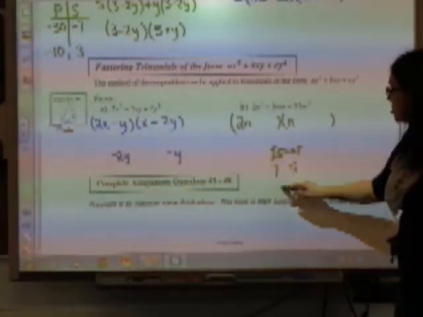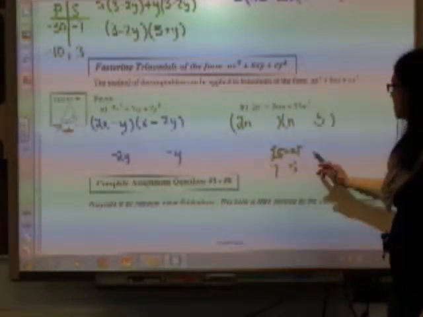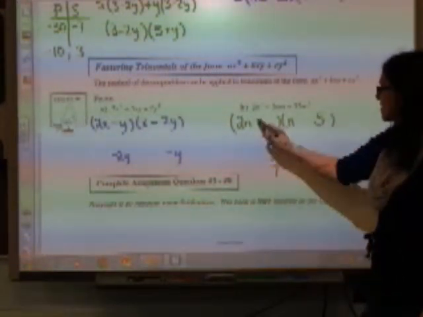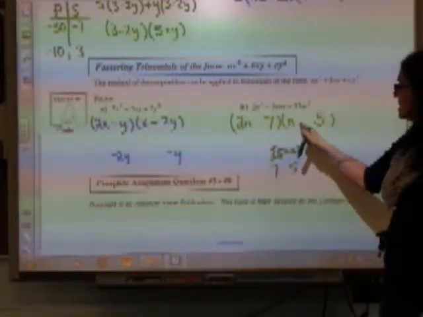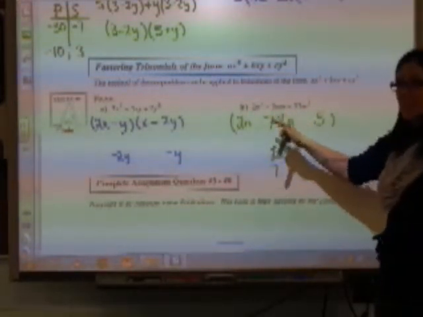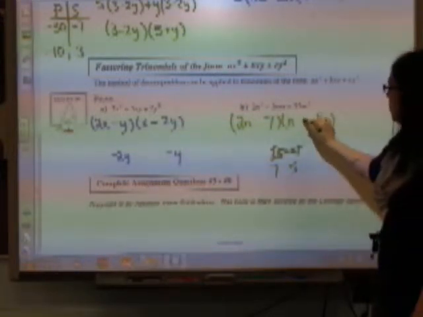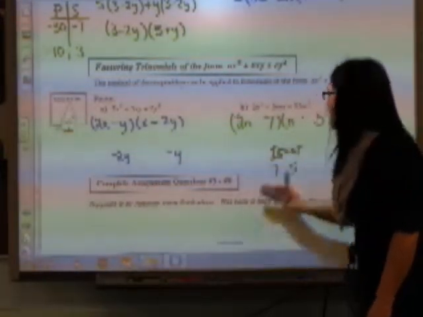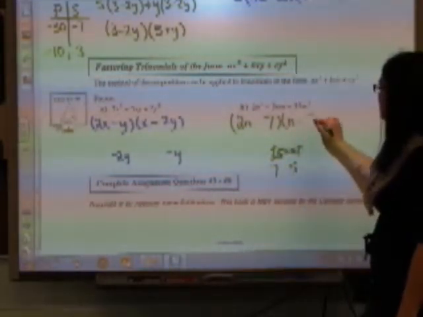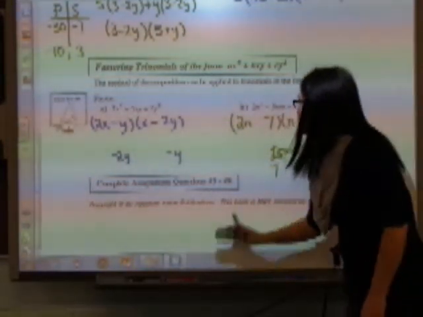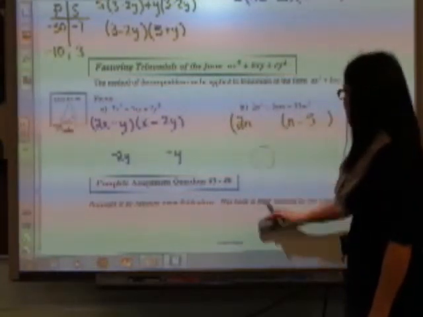And if I look at it, 2 times 5 is 10. 7 times 1 is 7. And then what's left over would be 3. 10 minus 7. So in order to get a negative 3, I would need a negative 10 and a positive 7.